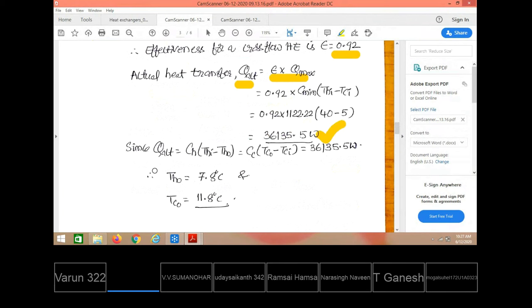Since Q actual based on the hot fluid equals CH into THI minus TH naught, which is also equal to the heat gained by the cold fluid, CC into TC naught minus TCI, knowing these values, TH naught is calculated, and TC naught is also calculated. So this is how any problem on the NTU epsilon method can be solved.